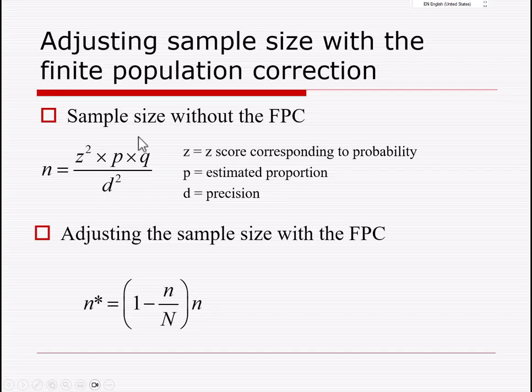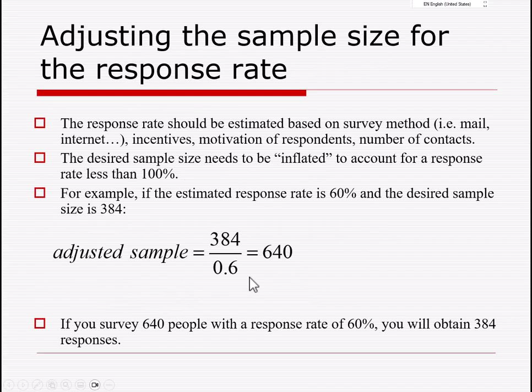The formula on top is without the finite population correction, then you adjust with the finite population correction. So for the example of Alachua County 9th grade students, the finite population correction is 0.86. Our original sample size for a 5% margin of error is 384. Therefore, 0.86 times 384, our sample size is 330.